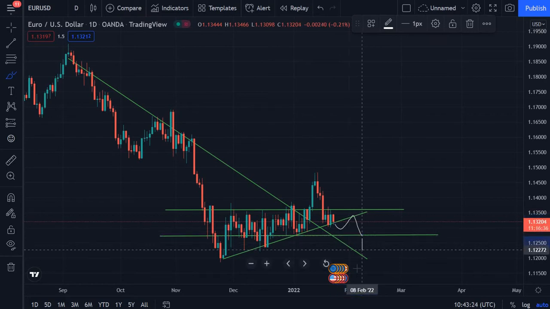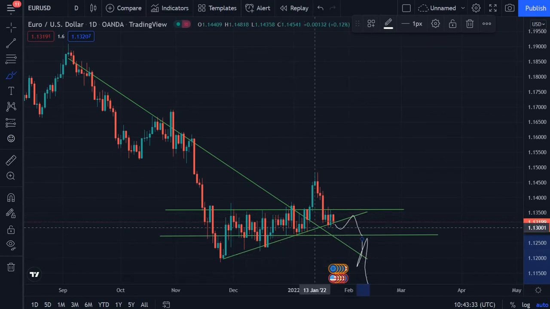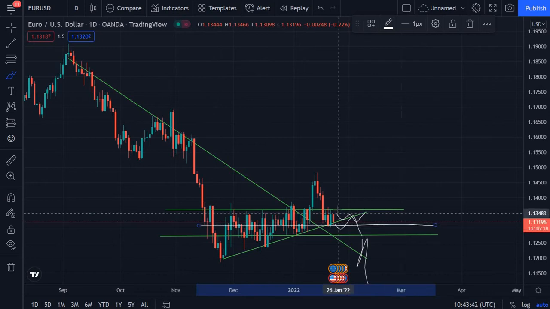Breaking this support area will also mean at some point going lower. So if we break this trend line and this support line, then we will go lower. But for now, this mini triangle and this support line is the zone that we are trading within.